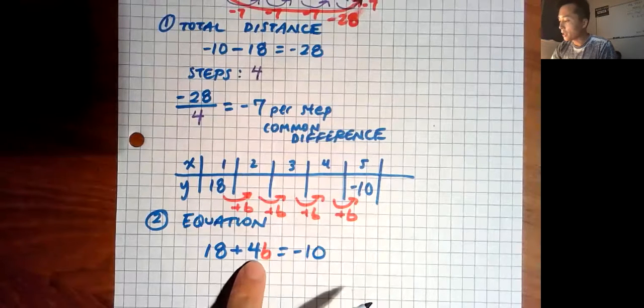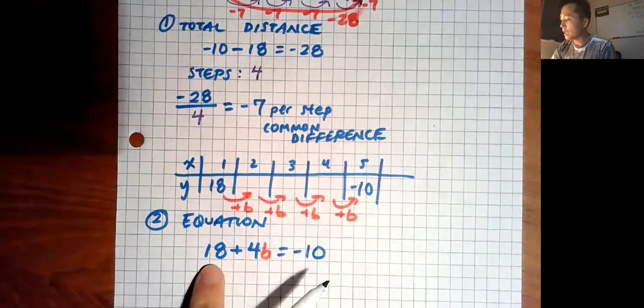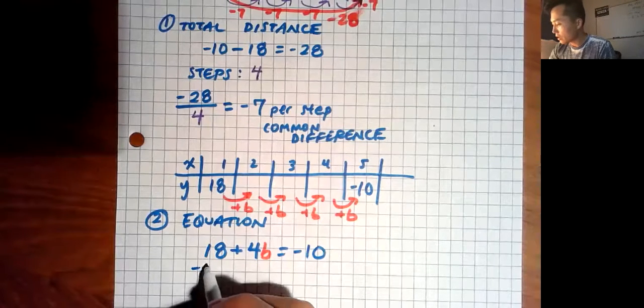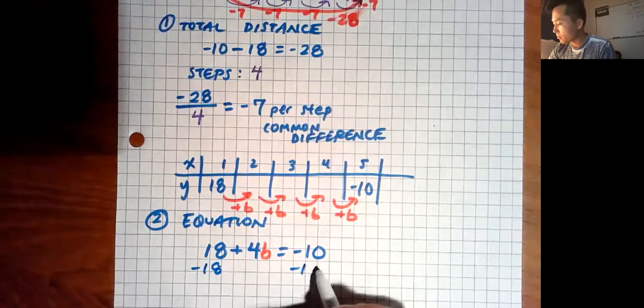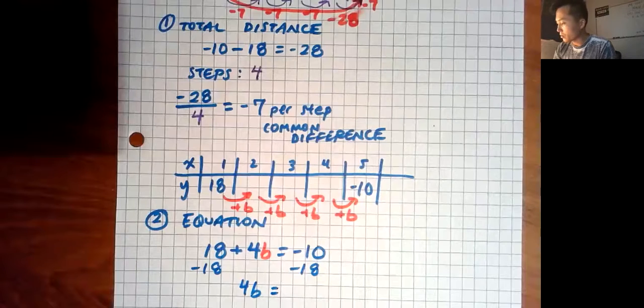b is being multiplied by 4 and then added with 18. So I need to undo the last step first, which is this adding of 18. I'm going to subtract 18 from both sides. Then on this left side, I'm just left with 4b is equal to, so that cancels out, negative 10 minus 18, negative 28. b is being multiplied with 4, so to get b all by itself, I need to undo multiplying by 4.